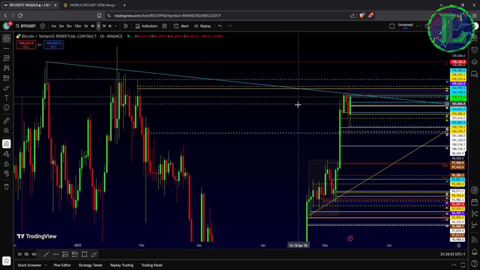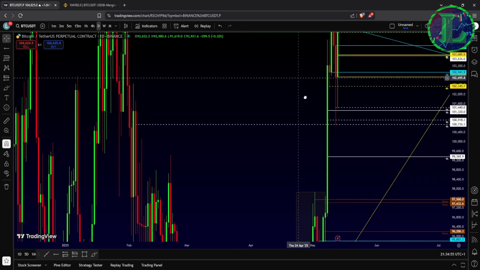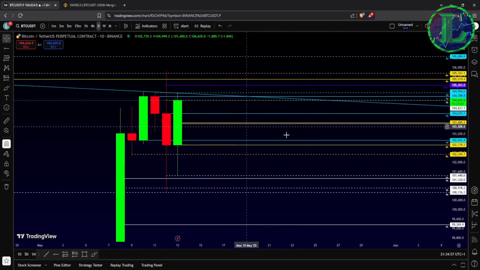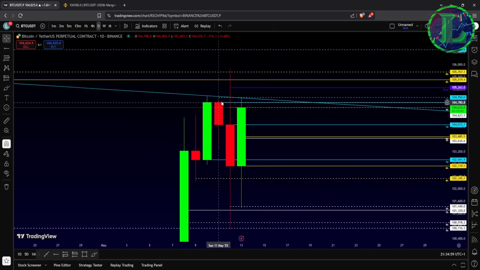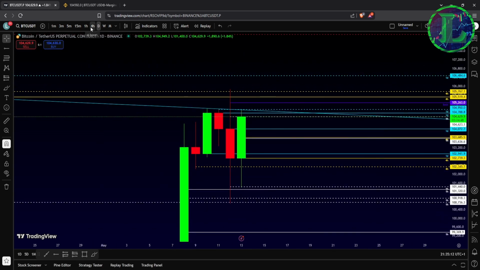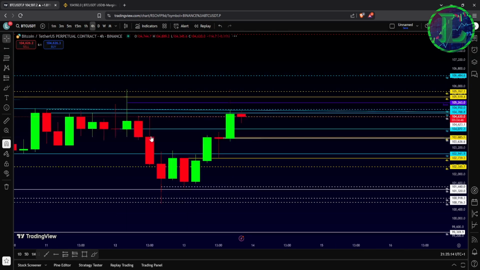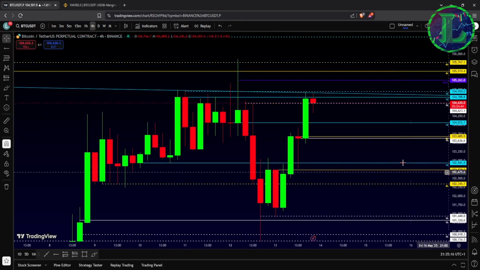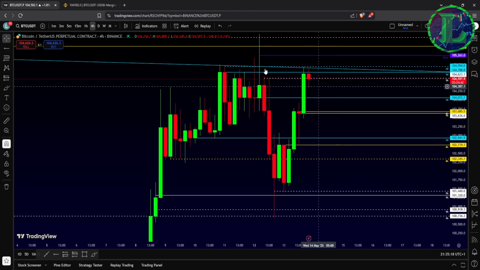So we have the downtrend there, and we have the daily break level on this range, the wick of this top. Okay, so we created a top here, the wick of the red candle. That's my break level.